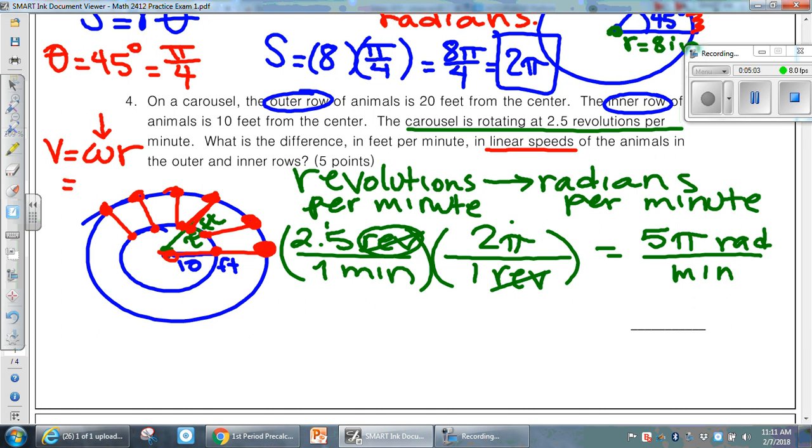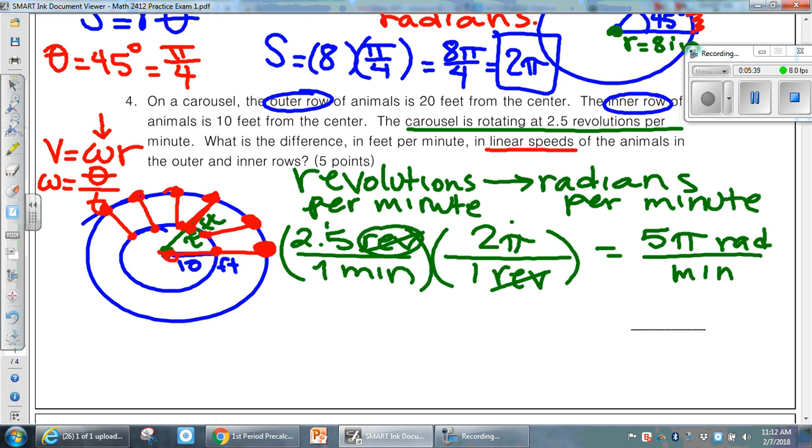It is the radians per time, I believe, so per minute. Does anyone have the formula? I can just check from the book. Okay, so the formula is, yes, that is correct.